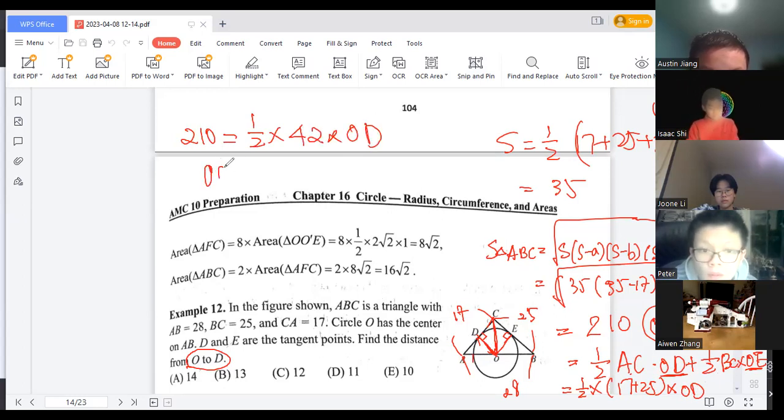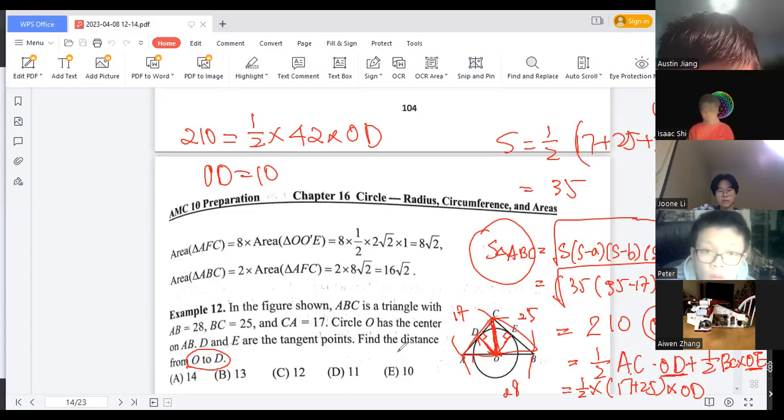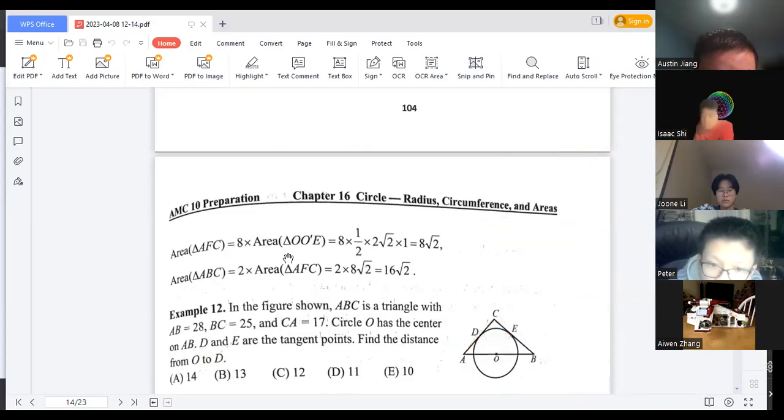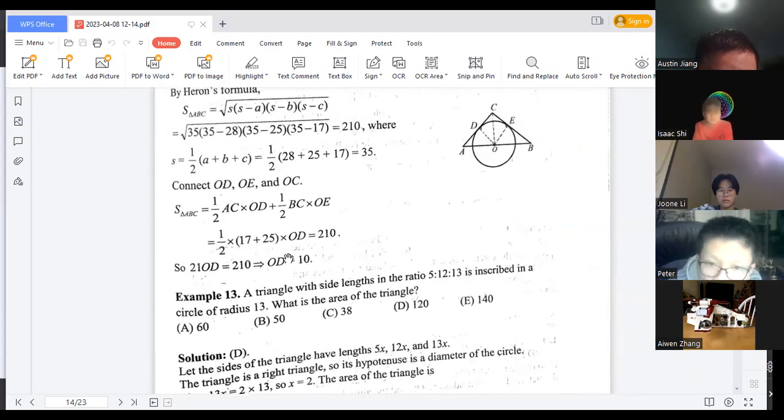So OD equals 10. We used Heron's formula for this, and just these two. Understand, Iwan? Oh, Iwan cannot hear me. Peter, how do OE and OD combine? OE and OD are equal, because both are radii of this circle. Oh, Iwan says he understands. Peter, understand? OK.